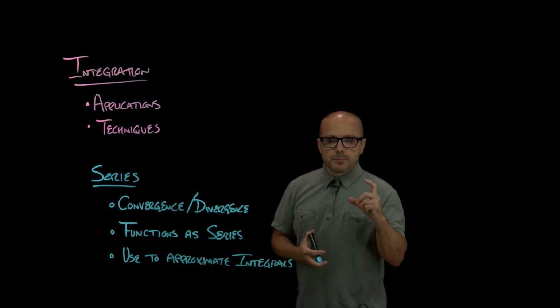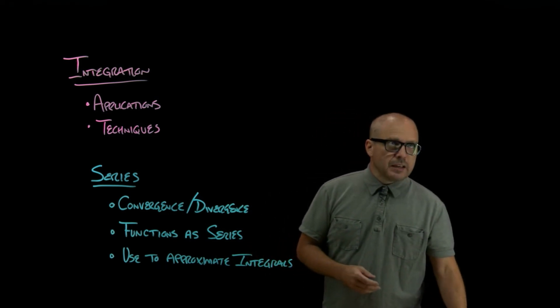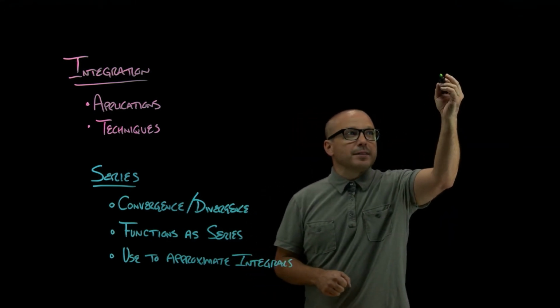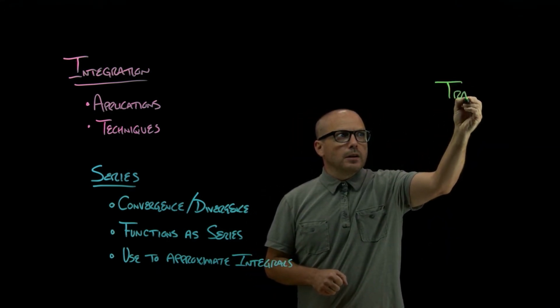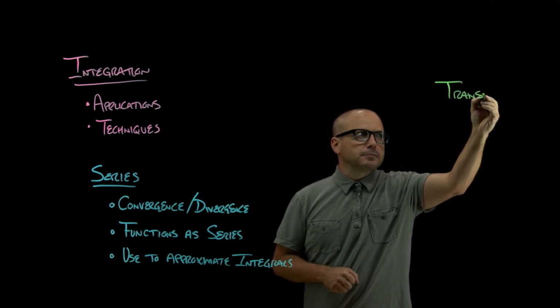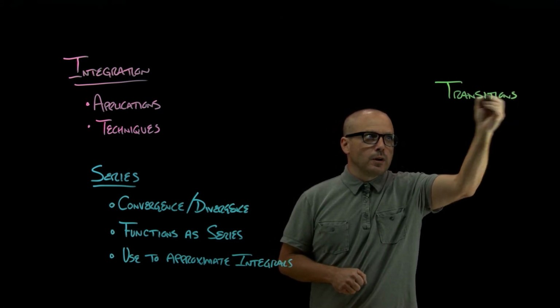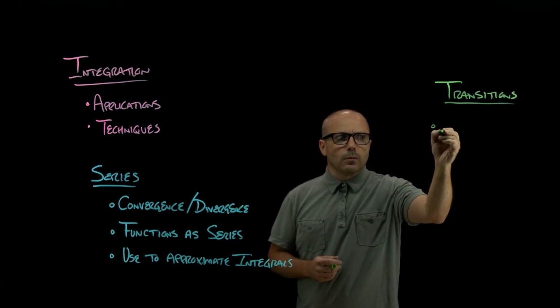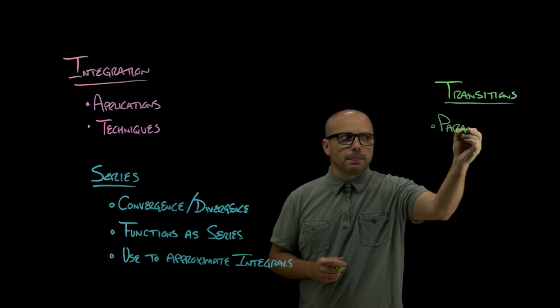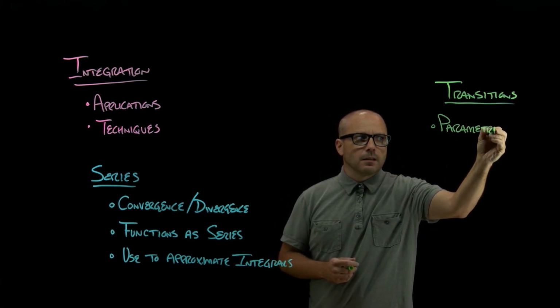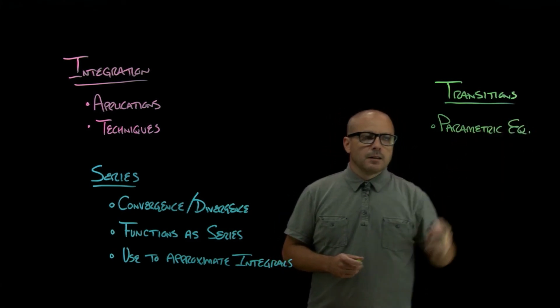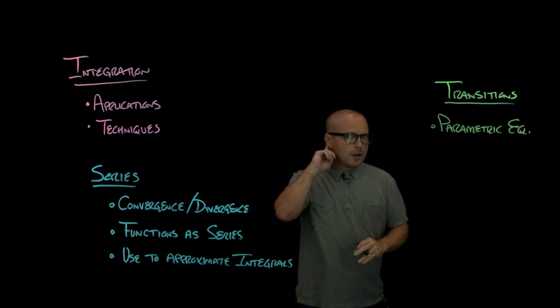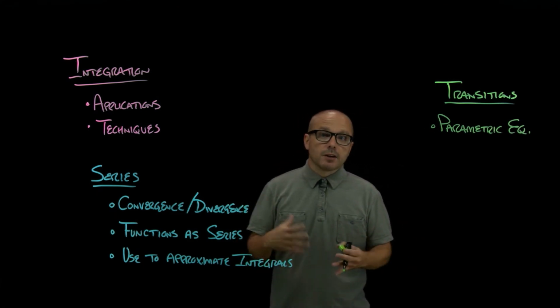And then the last bit, the third section, is what I think of as transition. We're looking at some topics that'll get you ready for Calc 3. The first thing we'll look at is what are called parametric equations. And these are a different way of writing the equation of a curve.